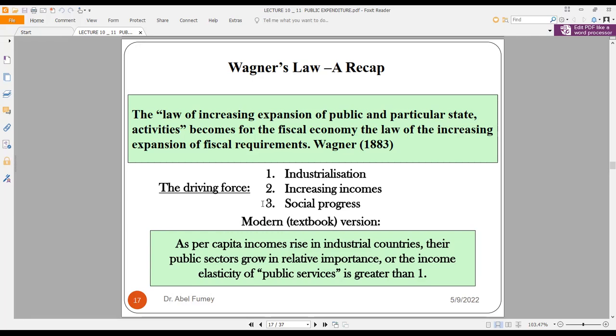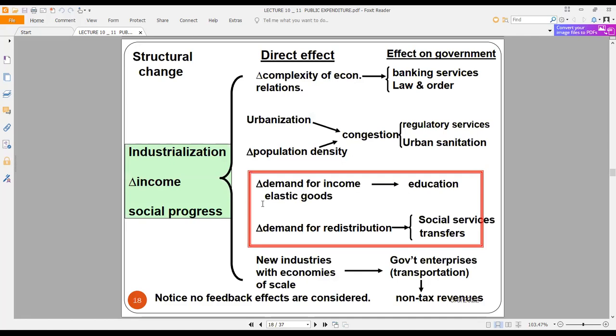Whenever there's an increase in income, we want more public goods, so the government will have to spend more on those. People have to go to school, go to better hospitals and all that, because now they have more money. So the government has to make sure that there's provision of all those. This is just a summary of the causes and the effects.